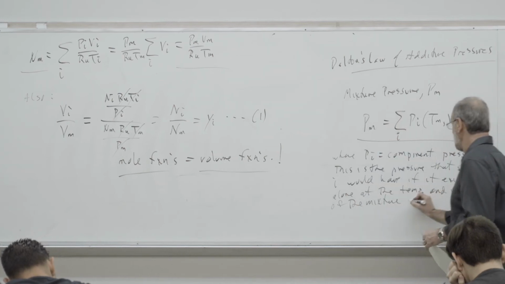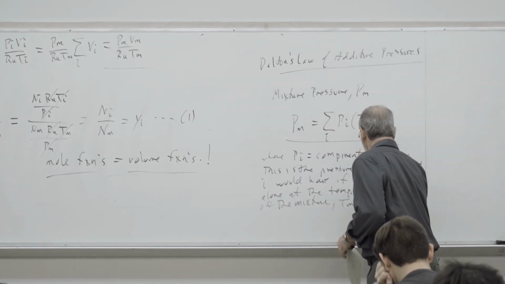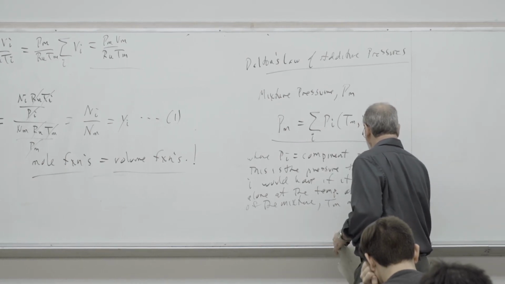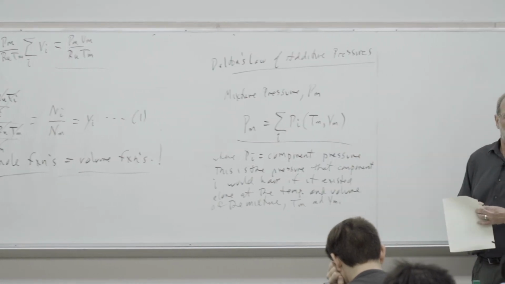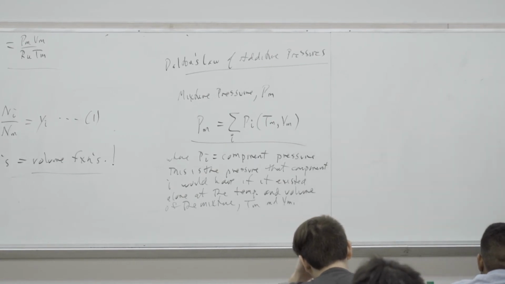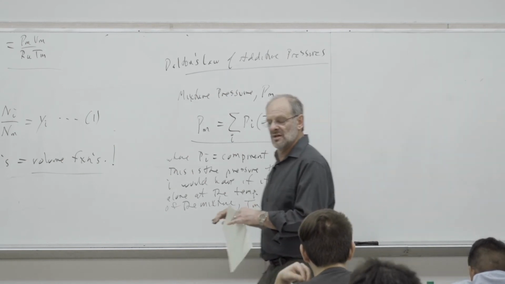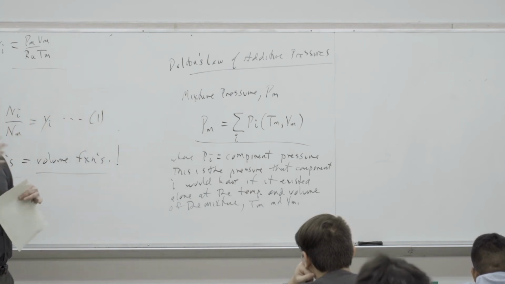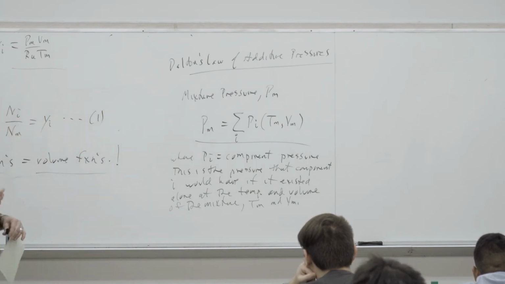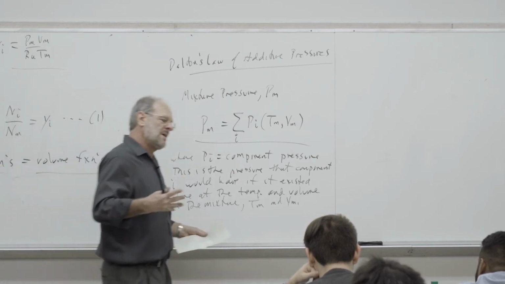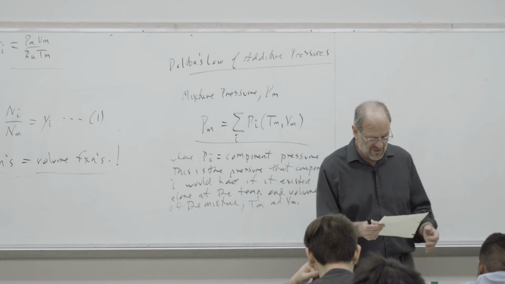And again, the temperature and volume of the mixture are just Tm and Vm. Okay. So this is simply what we observe. We observe that if we were to take the pressure of each component as if it existed alone in the entire volume and at the temperature of that mixture, and then add together these component pressures, that sum would give us the pressure of the entire mixture.